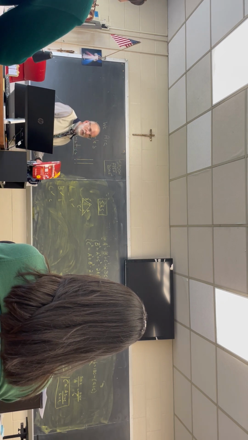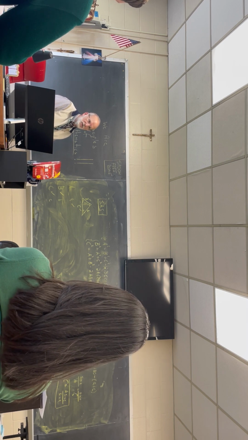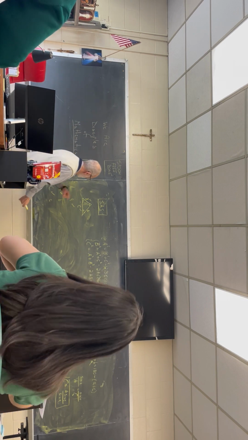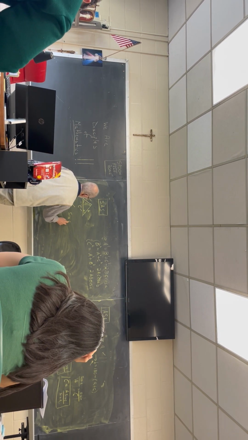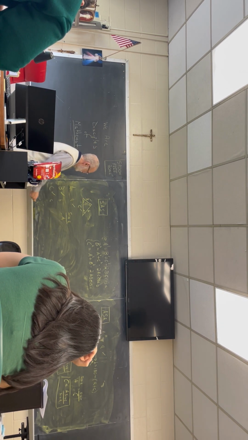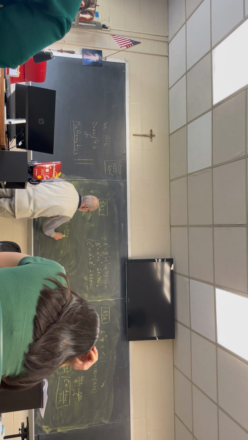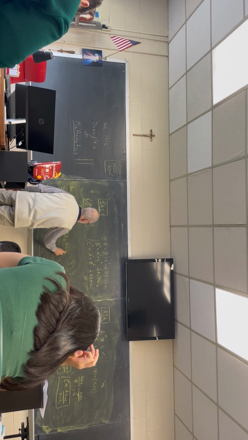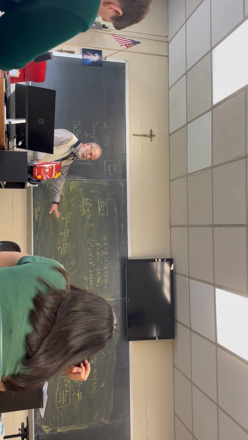So would everybody agree that the law of cosines would be the way to go? Because we can't use the law of sines. So the law of sines is the sine of little a is to A as, let's say, the sine of little b is equal to capital B as the sine of little c is to capital C. That's the law of sines.